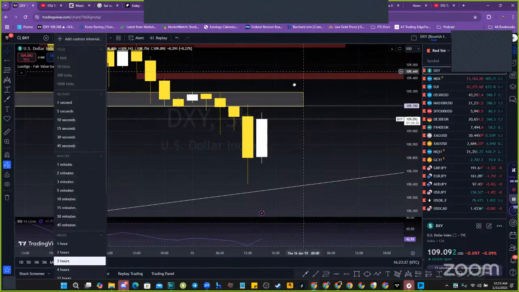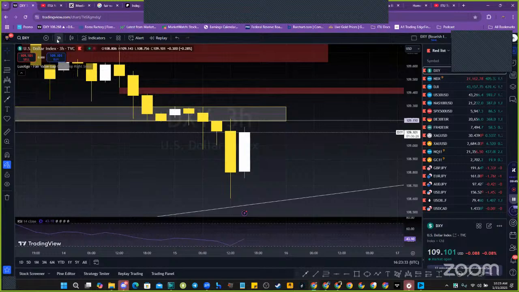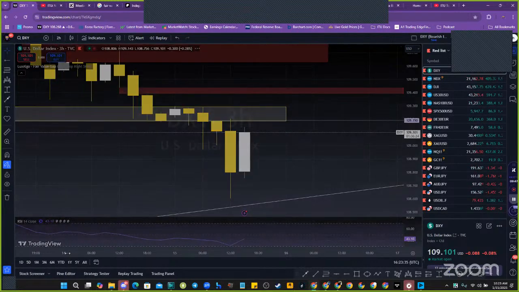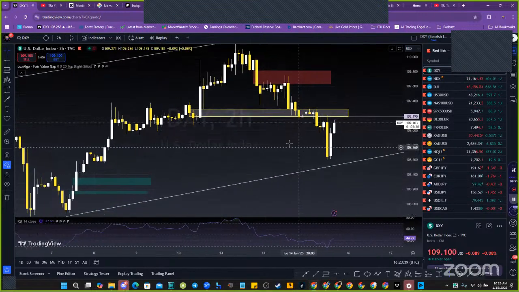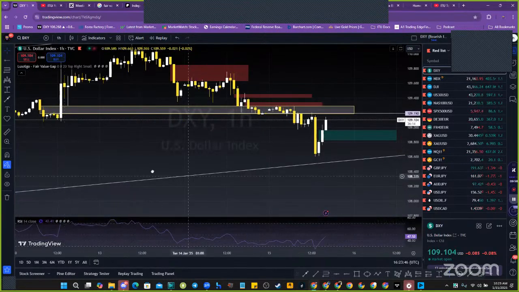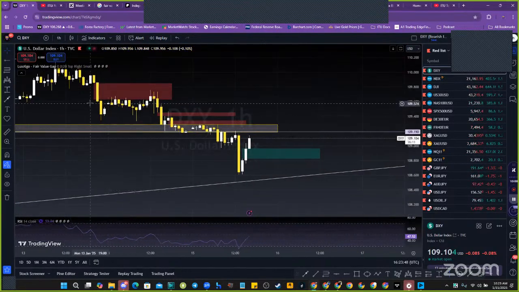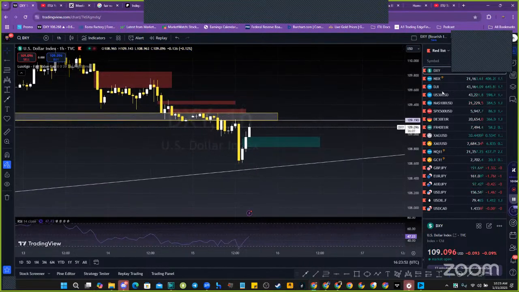If the dollar is going to go bullish, we really need that break of 109.200 to be the signal for that. Now I'm sure across the board with this drop that did happen last night, we probably have indices in the highs right now. So we'll be seeing what the dollar does with this kind of retest situation.